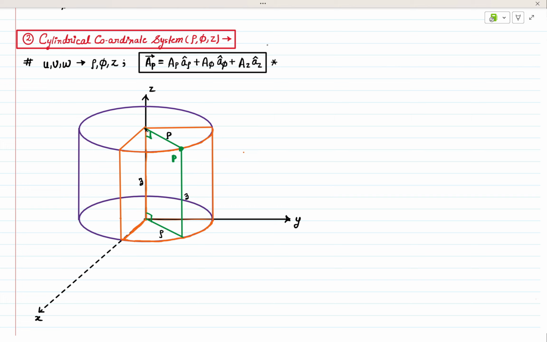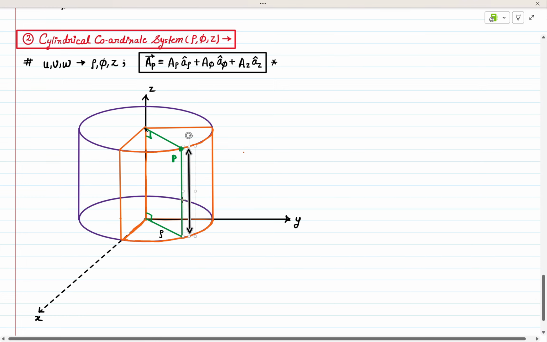I think it will be very confusing, so let me write it like this by an arrow.